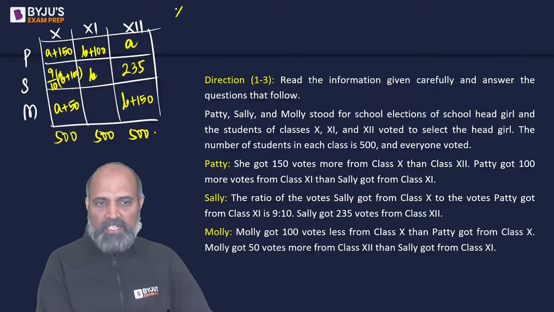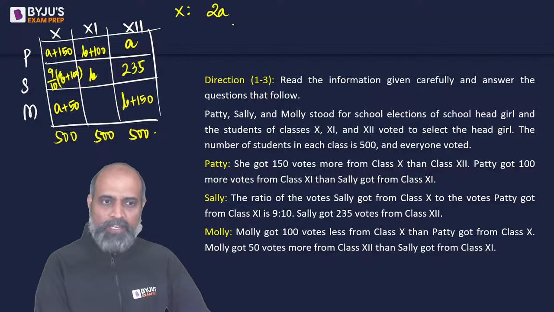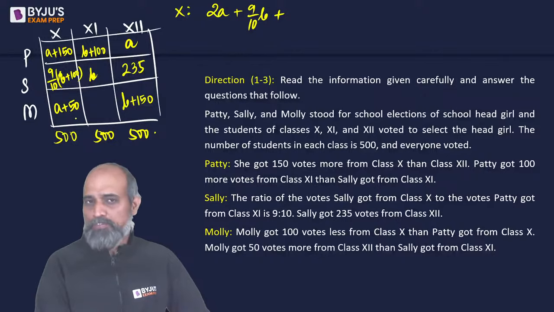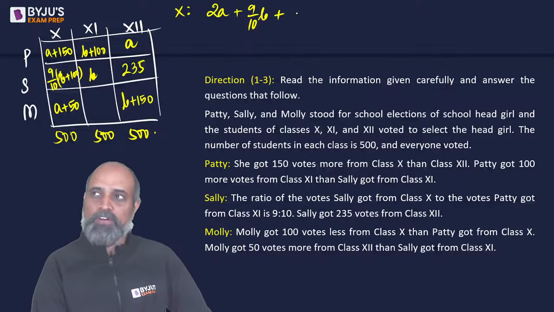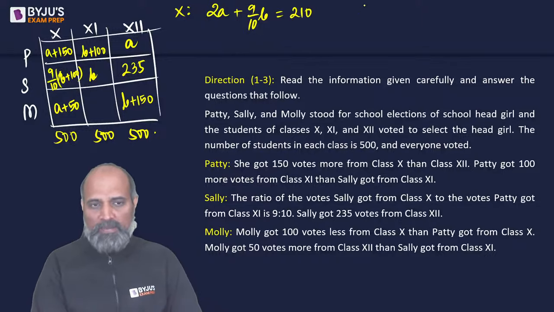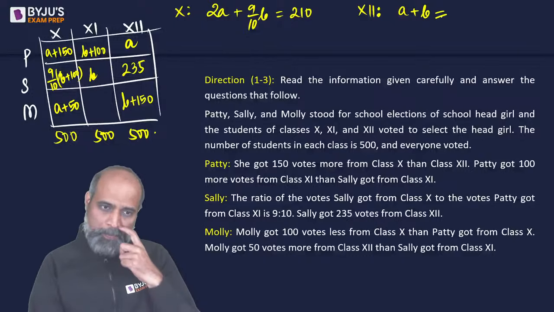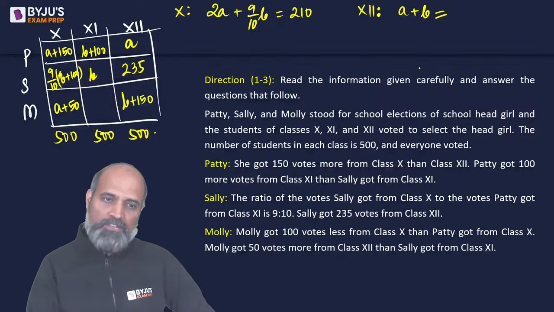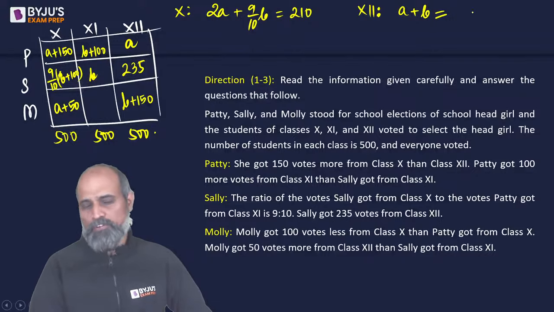So if I look at the 10th standard total sum, this is going to be 2A plus 9/10 of B. 150 plus 50 is 200 plus 9/10 of 100 is 90. So this is 290 from 500, which is going to be 210. Similarly for 12th, this gives us A plus B. 235 plus 150 is 385 from 500, which gives us 115.